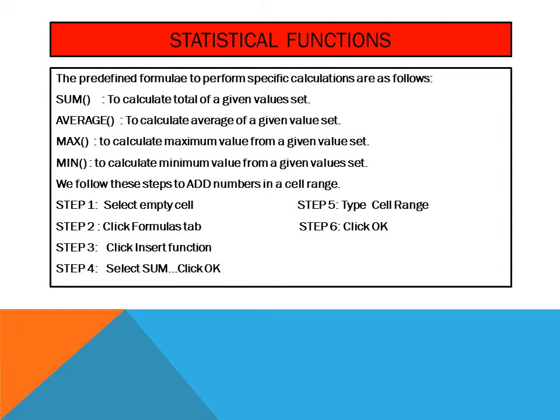Then step number 6. Click on the OK button. The output is displayed in the required cells. So after typing the range, we click on the OK button and we would be able to see that the output has been displayed in the 4th column.